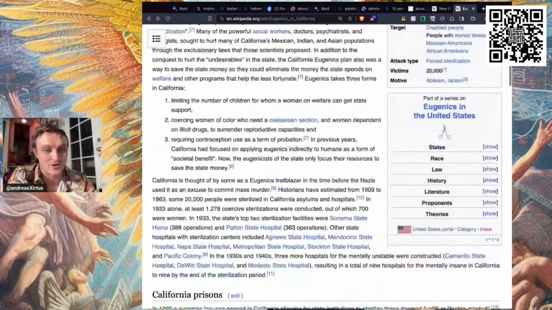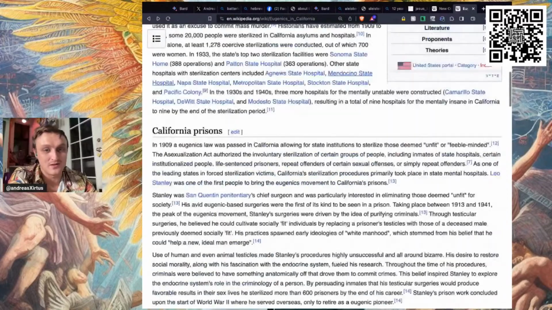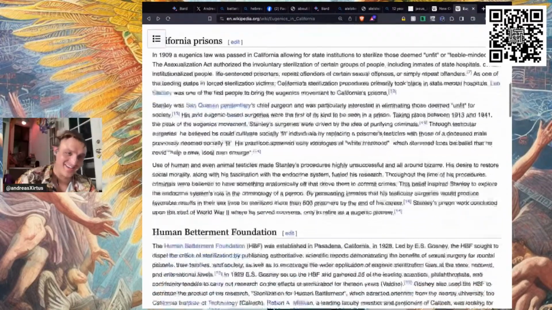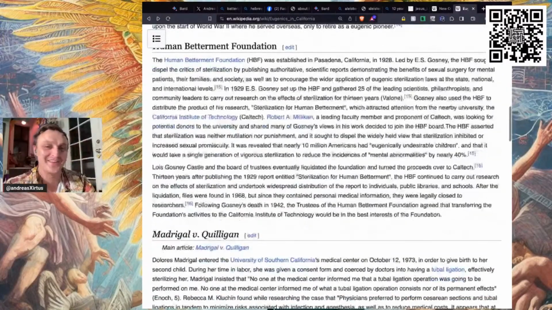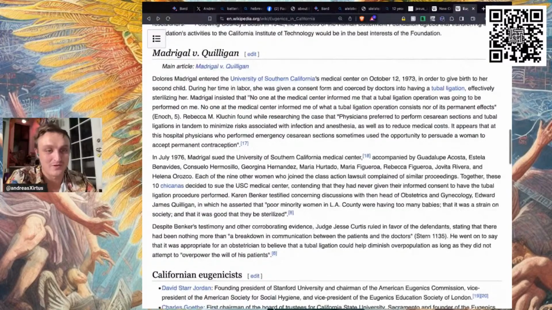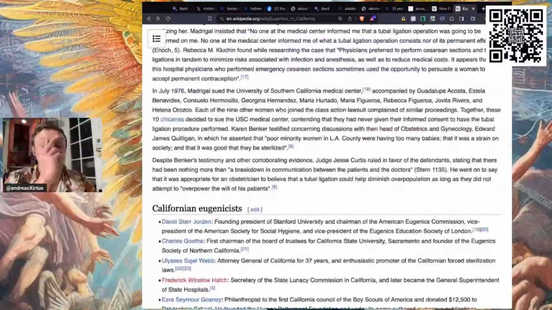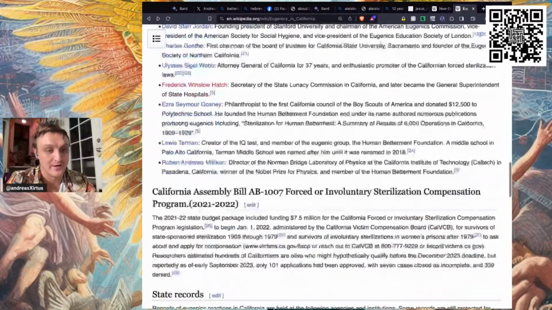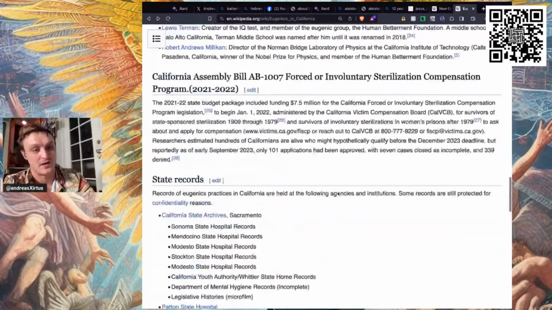When the Nuremberg trial happened, they said, why are you doing this, Germany? And they're like, well, we were just trying to catch up with you guys in California. Legitimately, they sterilized a greater percentage of the Basque population, which I can't even crack a smile about. And yeah, pretty horrible stuff started to happen in California.